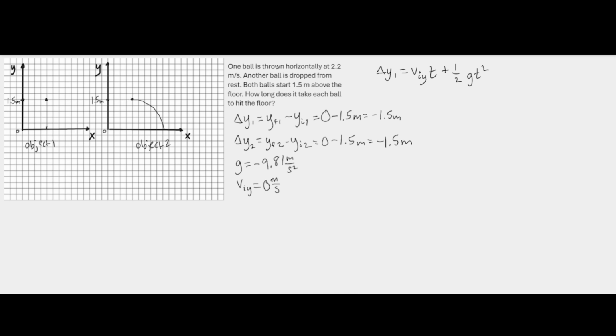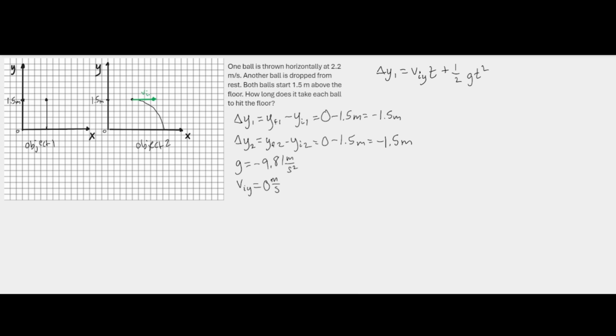And what would it be for this ball that's thrown? It says it's thrown horizontally at 2.2 meters per second. That means it's thrown in the x direction with some positive x velocity. I'm switching now to this second case, but I want to compare these. This one's being thrown with some velocity that's pointing this way. Does it have any initial velocity in the y direction? Well, this is in the x direction, so clearly it has some v_ix. But what about the vertical velocity?